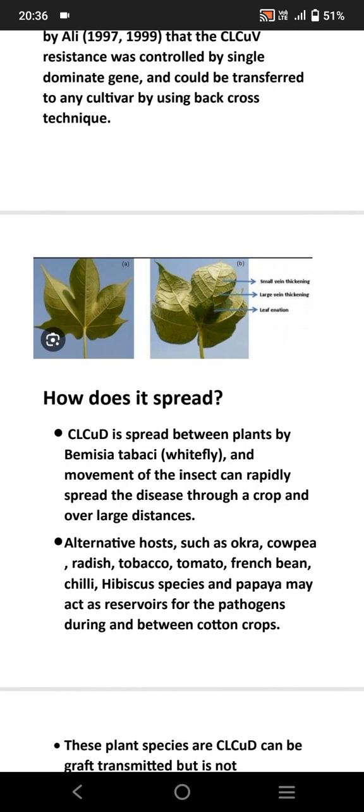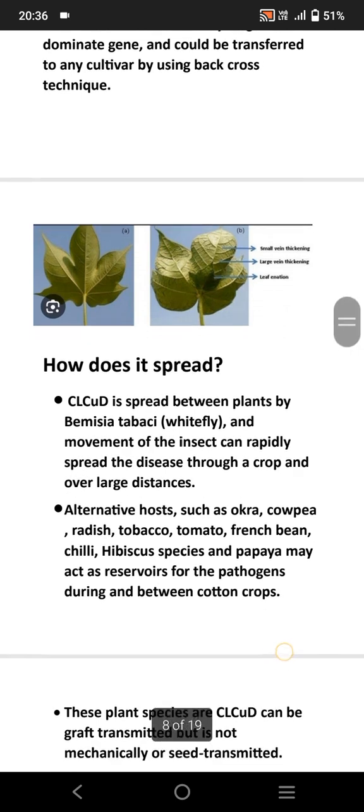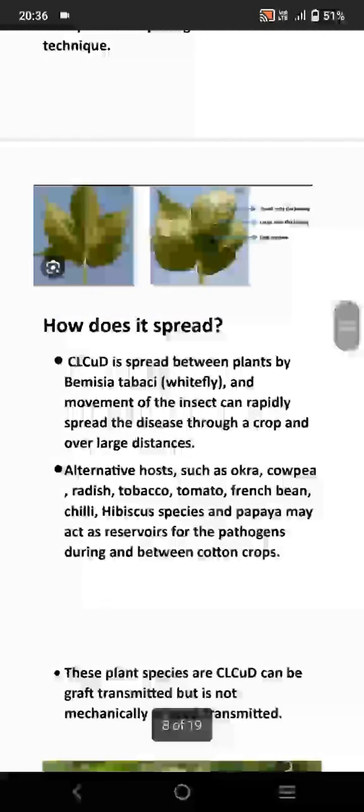Alternative hosts such as okra, cowpea, radish, tobacco, tomato, French bean, chili, hibiscus species and papaya may act as reservoirs for the pathogens during and between cotton crops. Cotton leaf curl disease can be graft transmitted, but is not mechanically or seed transmitted.